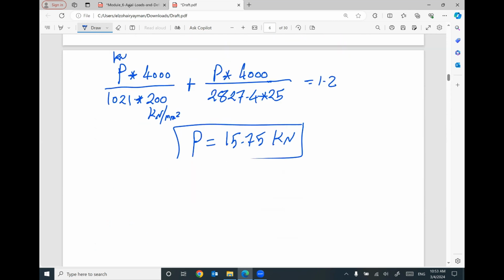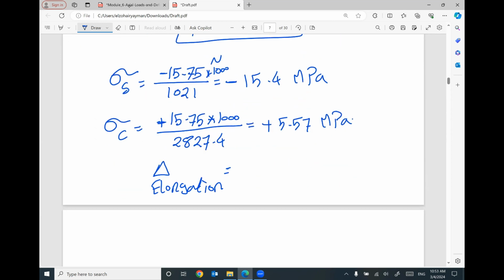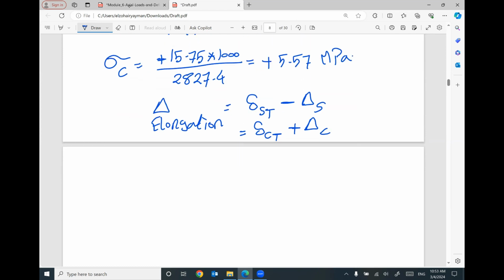It's up to you. So I can say delta steel, which was free, minus the new contraction in steel, or the free elongation in concrete due to temperature plus the new elongation in concrete, this or this.